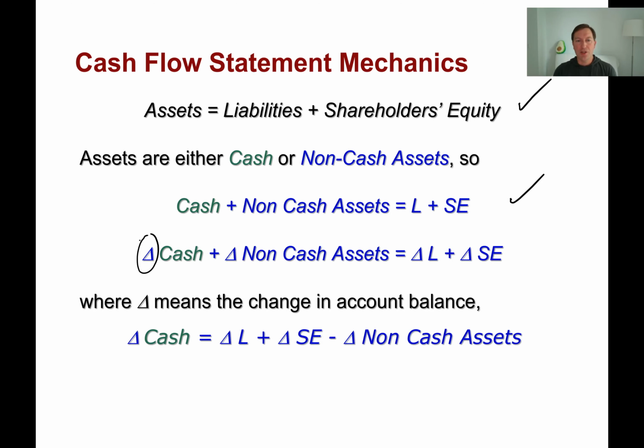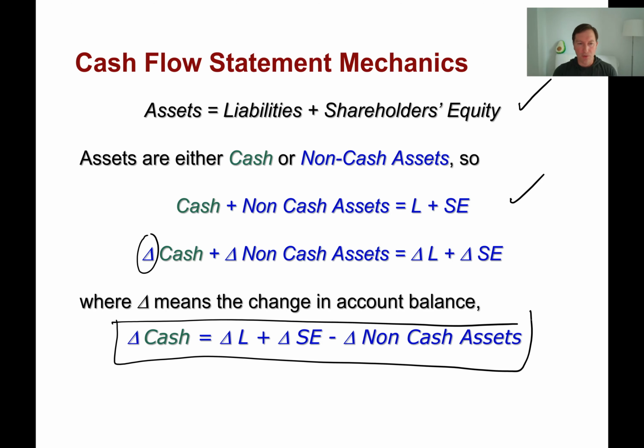Changes in cash plus changes in non-cash assets equal changes in liabilities plus changes in shareholders' equity, right? Of course, that has to hold as well, because the balance sheet holds. And so then all we need to do is rearrange this equation into this form: change in cash equals change in liabilities plus change in shareholders' equity minus change in non-cash assets.